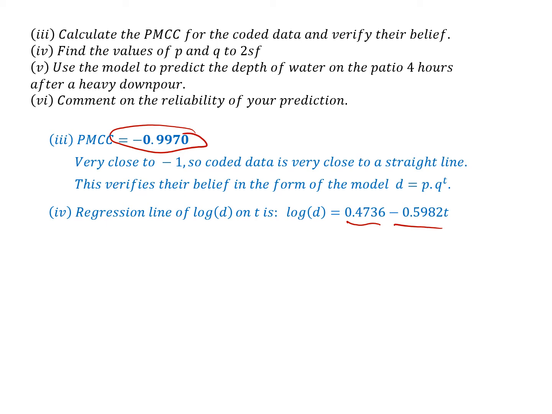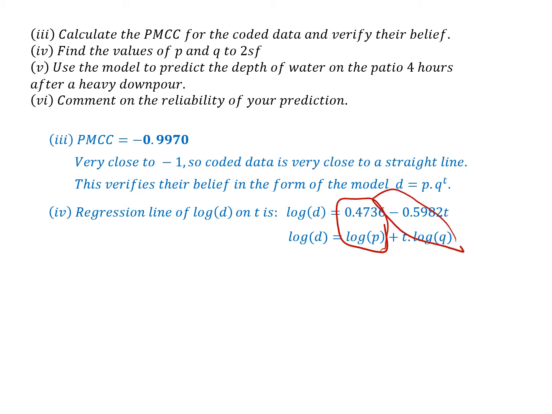And when we compare that with the version of the original model, but taking logs of both sides, we can see, as we mentioned earlier, that log P is 0.4736 and log Q is minus 0.5982.